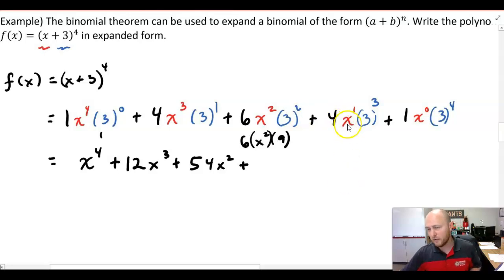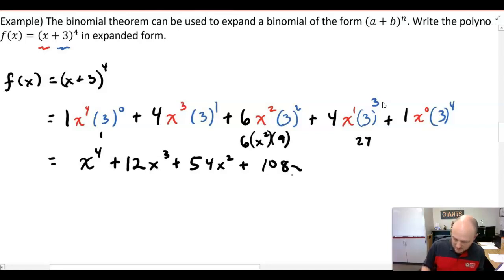Plus, I have 4 times x times 3 cubed. 3 cubed is 27. And 27 times 4 gives us, I believe, 108, 108x. Plus 3 to the 4th, which is 81, times 1 times 1.